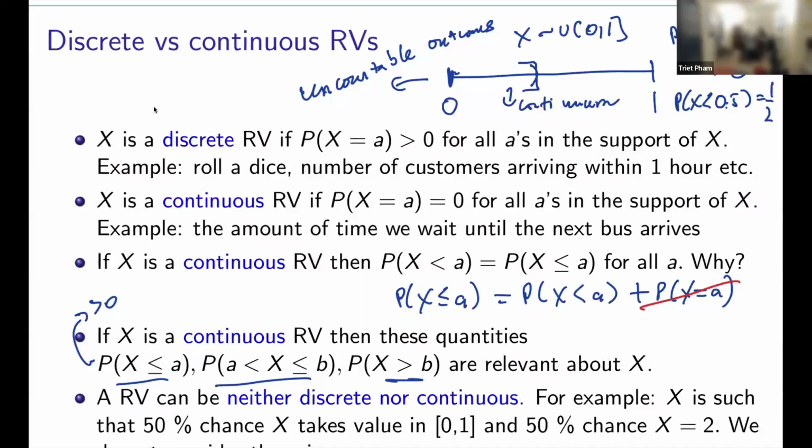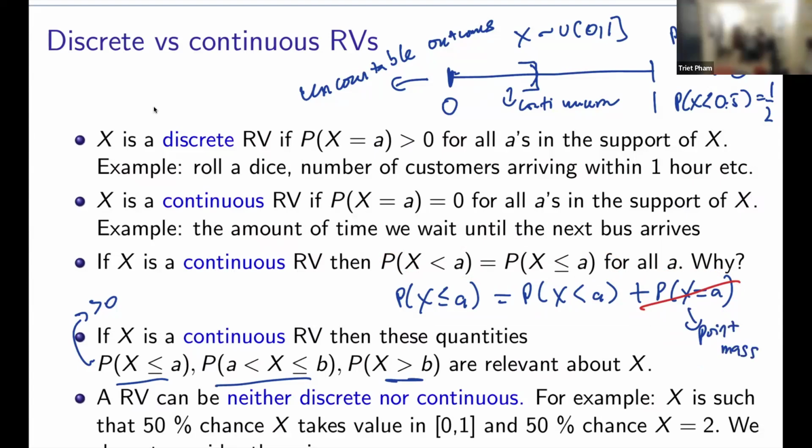But be careful, all right? A discrete random variable will not behave in the same way. This will be different. Why? Because the same, this is true by logic. However, for a discrete random variable, this is positive or could be positive. So this, by the way, if it has a weight, will be called a point mass, literally like point mass in physics.